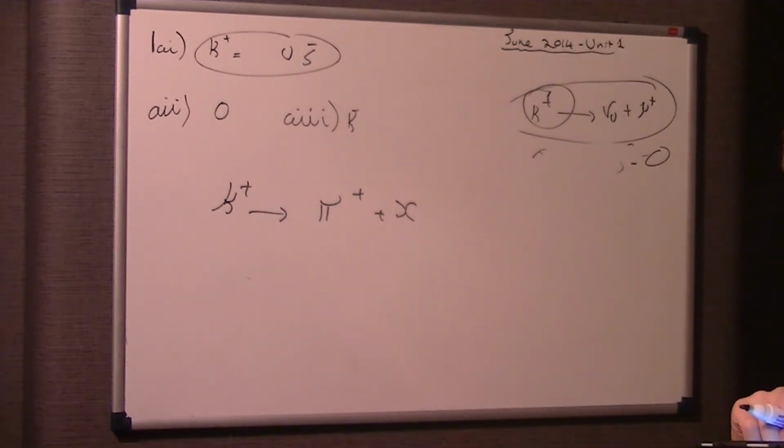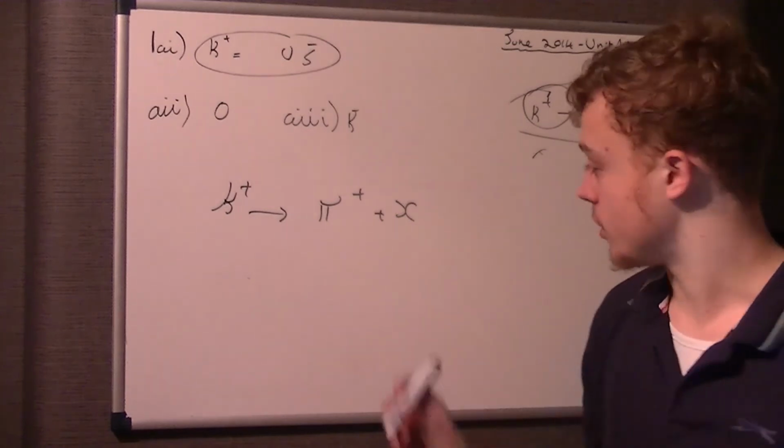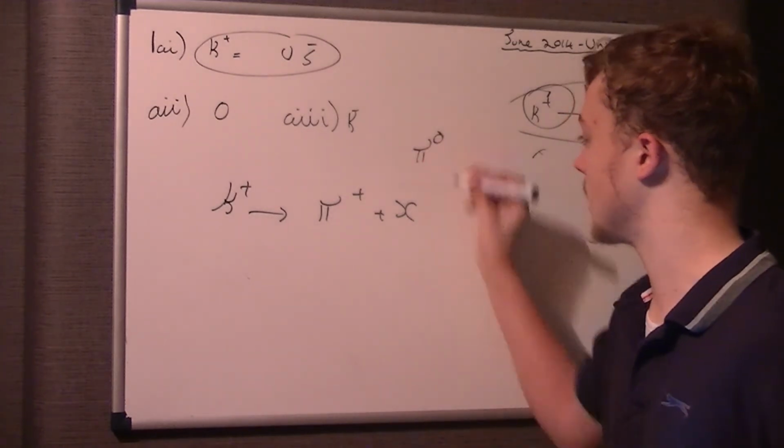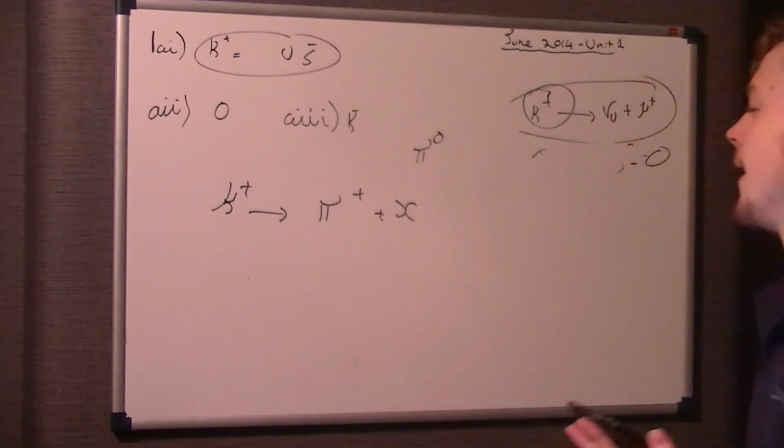Okay, so is it a muon? Well, no, and that's because a muon is charged, so we can't have a charged particle there as we've just discussed. Okay, so the next one is a negative pion. Again, we can't have a negative pion. A neutral pion, well, that could potentially work because that solves our charge problem.